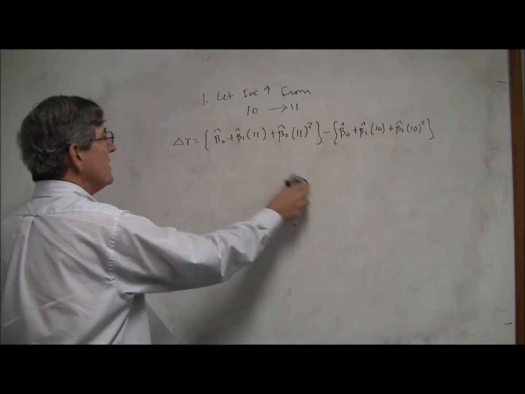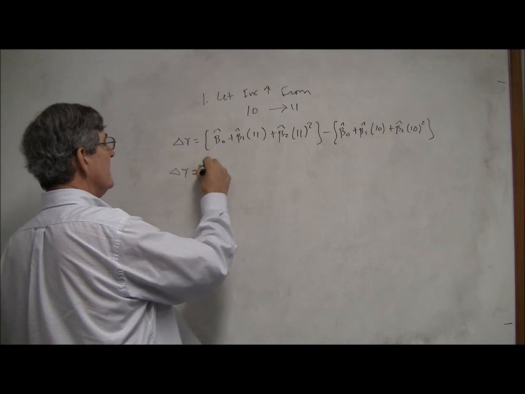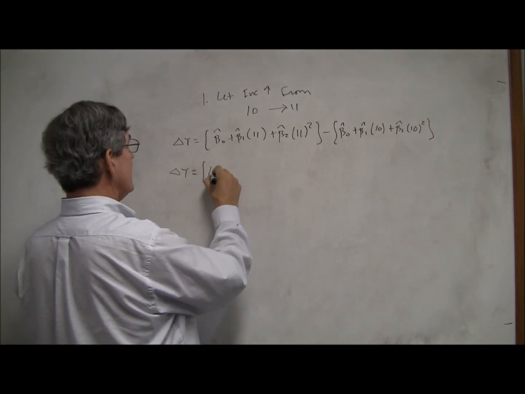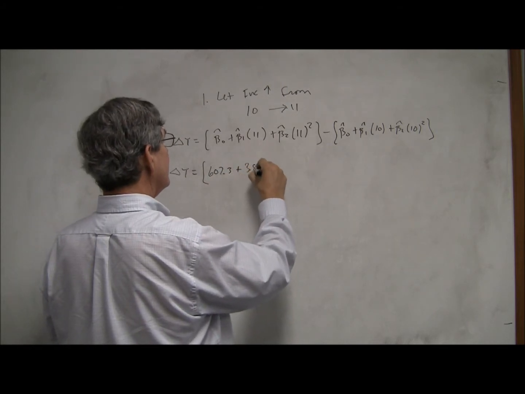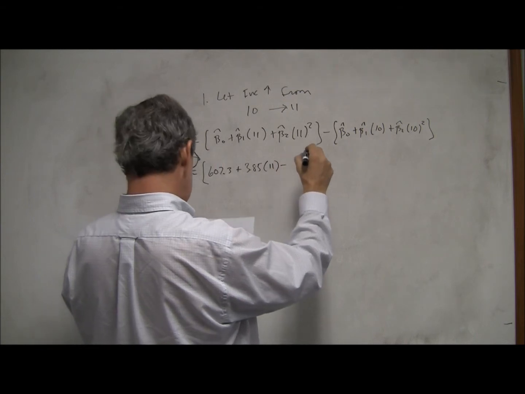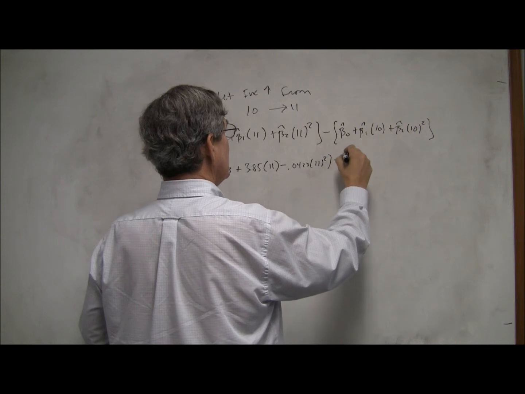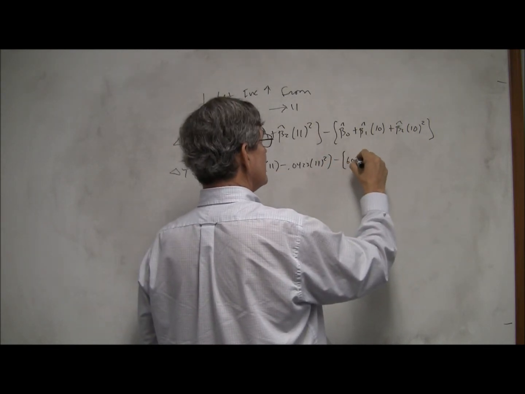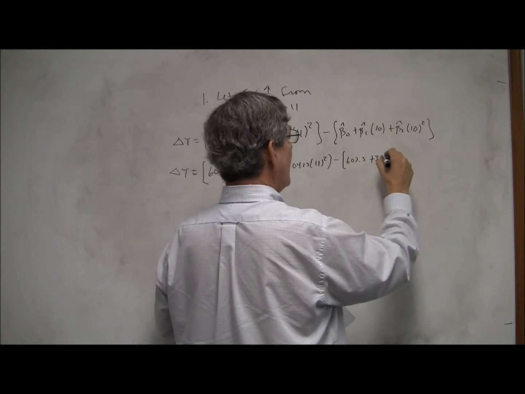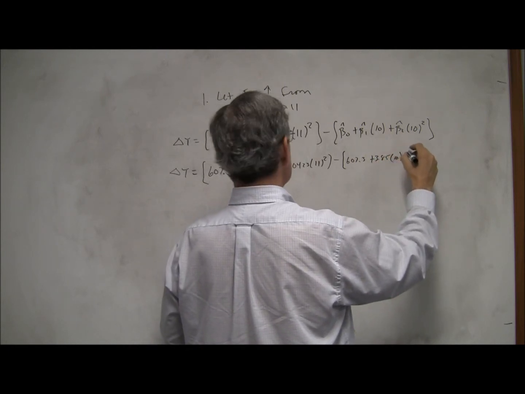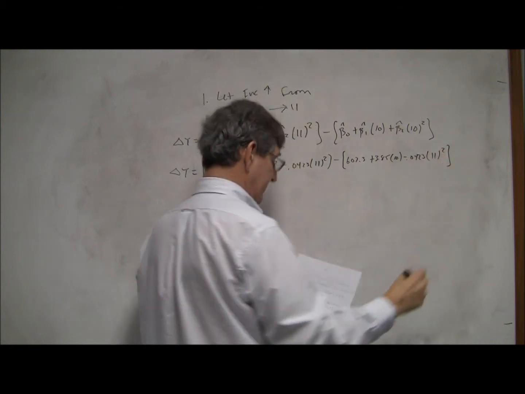Then we can plug in the numbers that we had. So the change in y is going to be 607.3 plus 3.85 times 11 minus 0.0423 times 11 squared minus, same thing, 607.3 plus 3.85 times 10 minus 0.0423 times 10 squared.